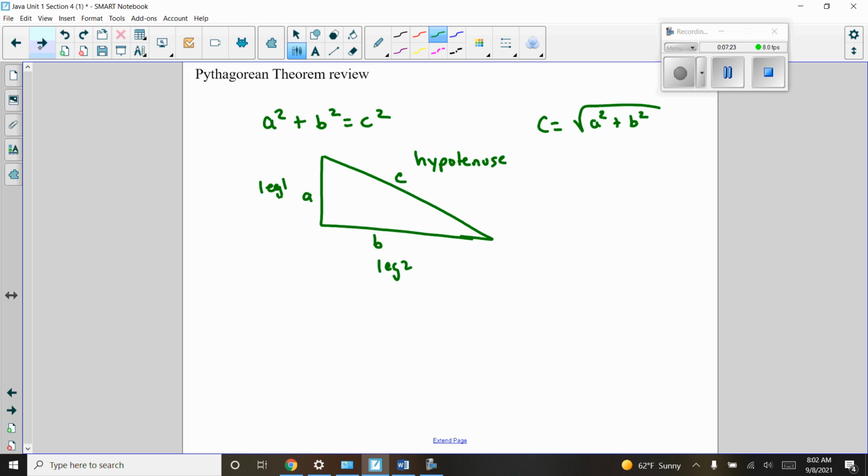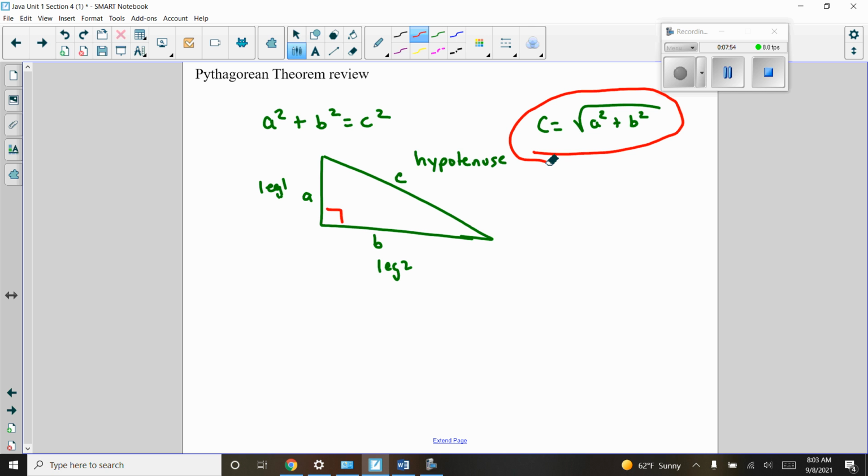So just a quick review. Pythagorean theorem deals with right triangles. Okay, and it's a squared plus b squared equals c squared. A and b are legs, c is the hypotenuse. So if we want to have somebody input 2 legs and figure out what the hypotenuse would be, our equation would look something like this.